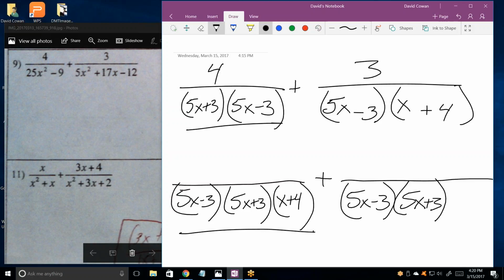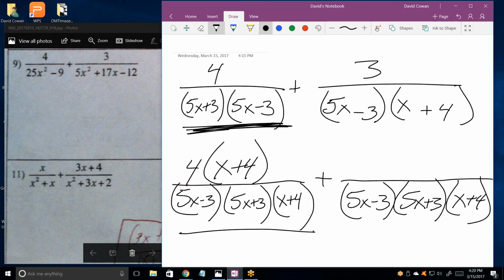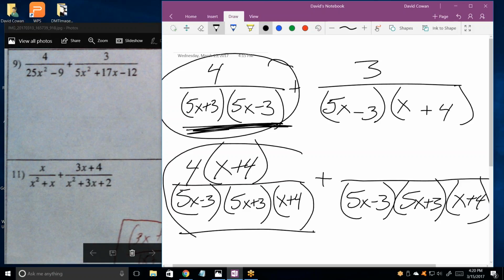Now, to be certain that that is a least common denominator, let's divide that by each of these two terms. Divide it by this denominator, what do you get? Divide that by that denominator, and you would just get x plus 4 back. So I'm going to multiply that x plus 4 times the 4, and now I know that that fraction is the same as that fraction, because I can just cross off the x plus 4s and I've got what I started with.